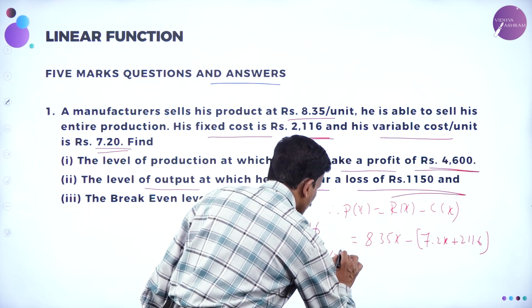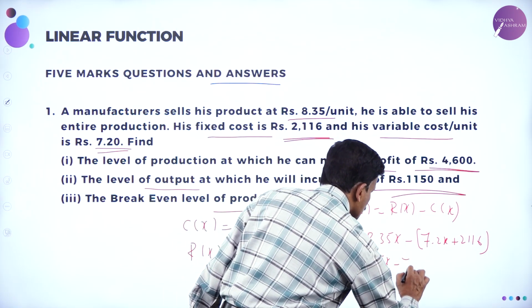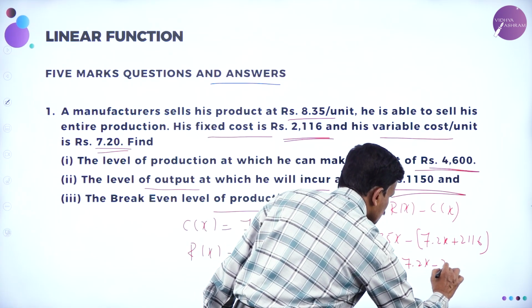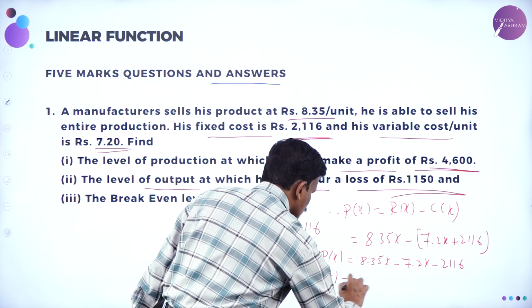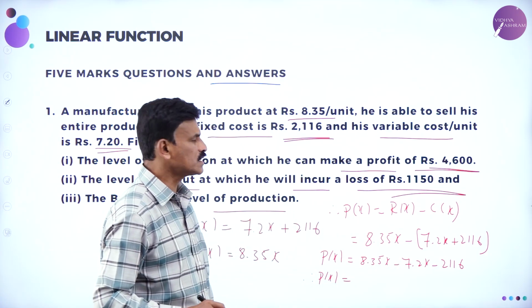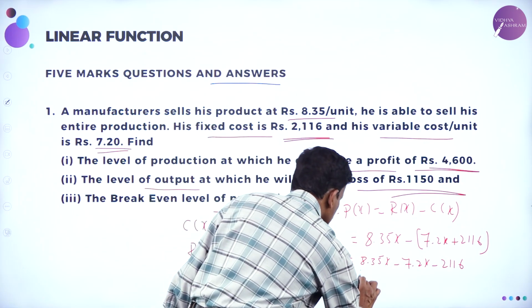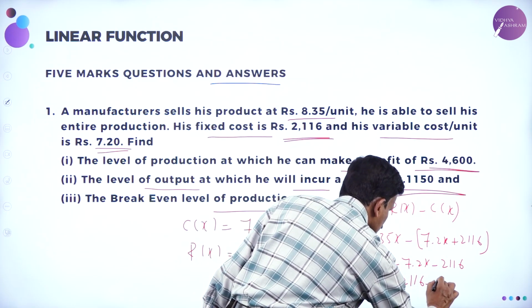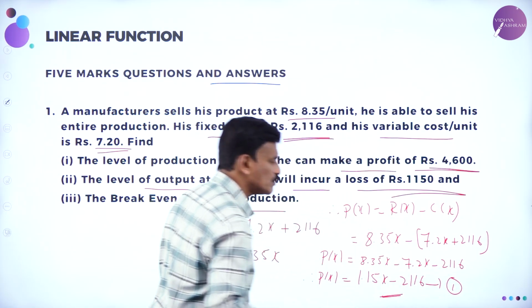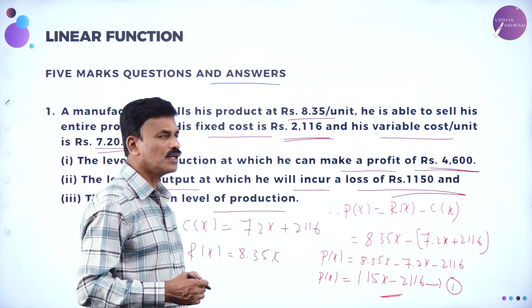So you will get P of x is equal to 8.35x minus 7.2x minus 2116. So P of x is equal to 8.35 minus 7.2, simplify this, equal to 1.15x minus 2116. Let us represent this as equation number 1. So P of x is equal to 1.15x minus 2116.